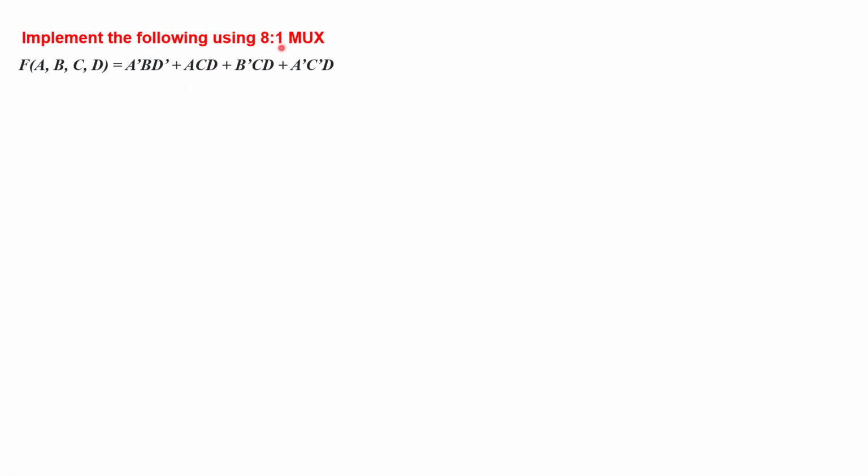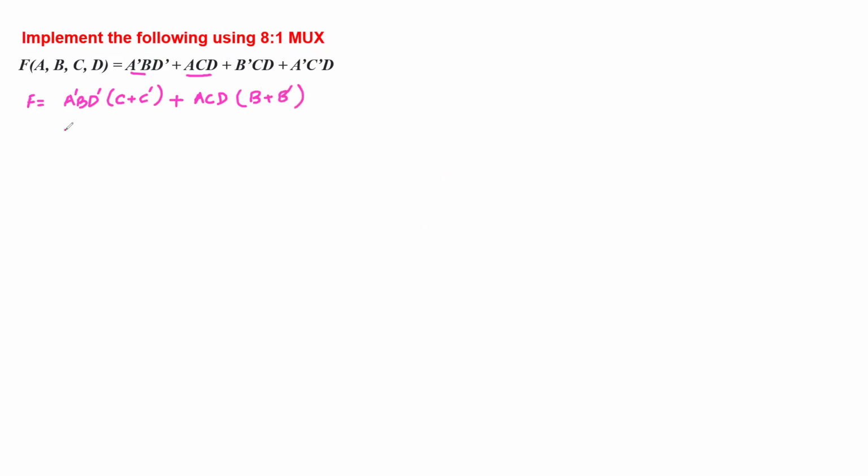So let us try to solve this. Write F equals A bar B D bar as given right over here, and in bracket we'll write the missing min term or missing variable. So the missing variable is C or C bar. Then for this one, we'll write A C D as it is, plus here B or B bar.